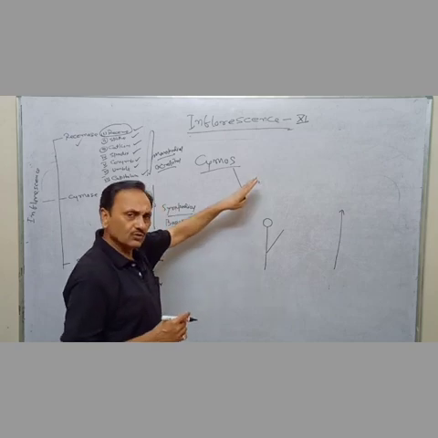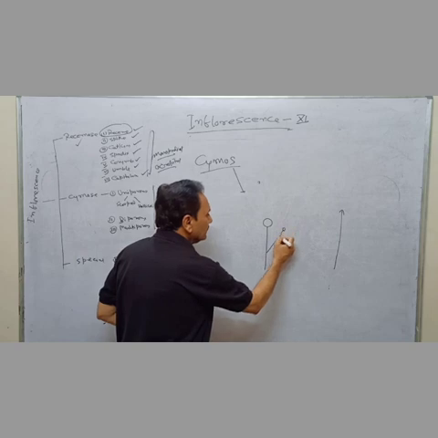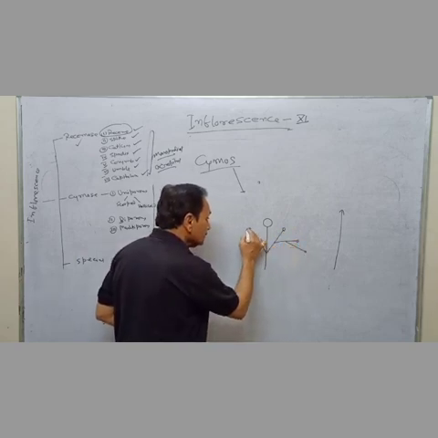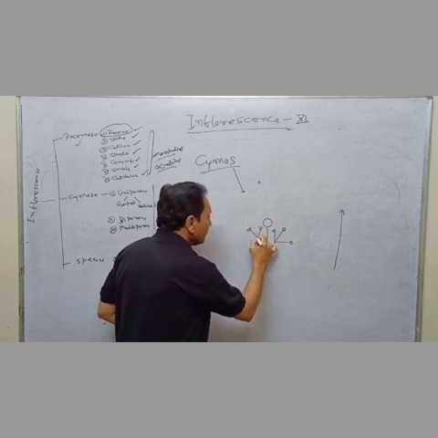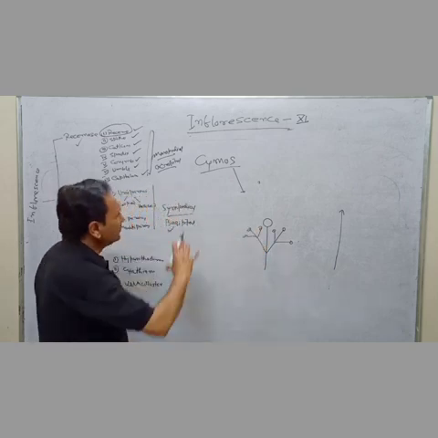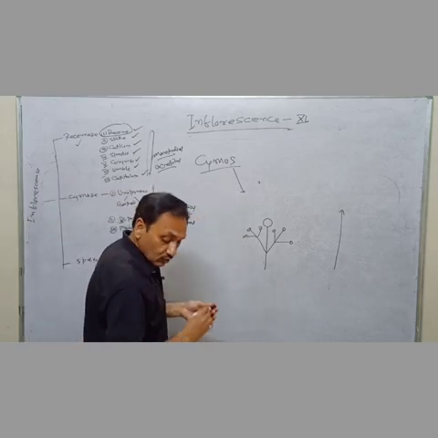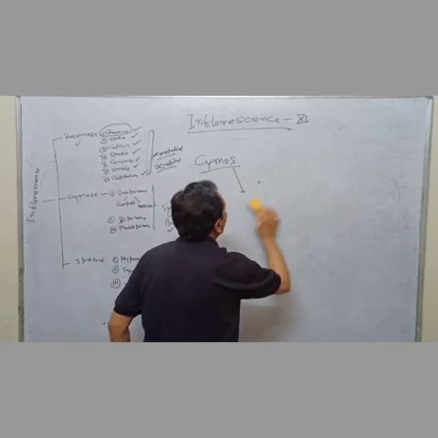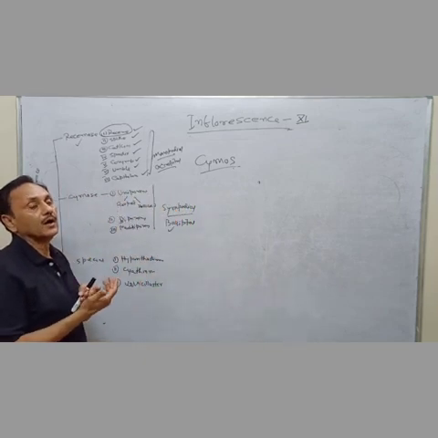It means continuous growth is not observed. This type of flowering may be like this, like this, or like this. So we can say that this type of inflorescence is called cymose type inflorescence, and this is basipetal succession, not acropetal.